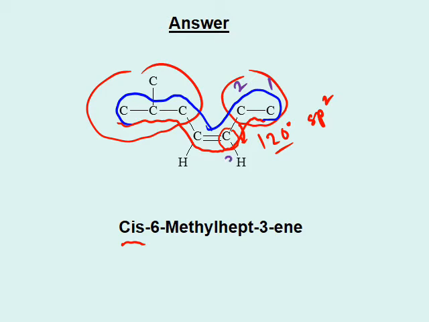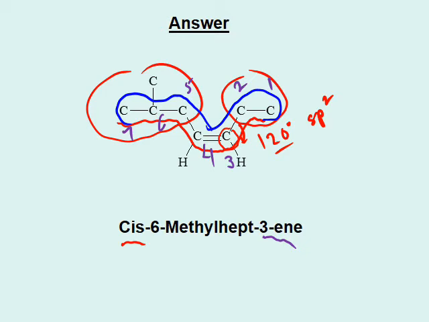Let's write down 3 at the bottom to make some room. 4, 5, then you'd have 6 and 7. Now this gives the smallest possible number to the alkene functional group. So that's why it's 3 in. On the third position you have the double bond.